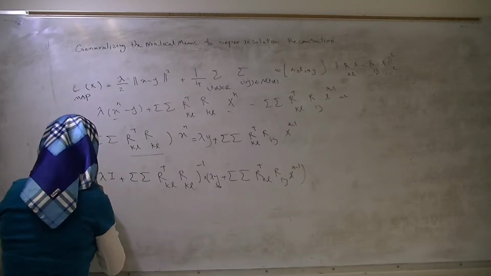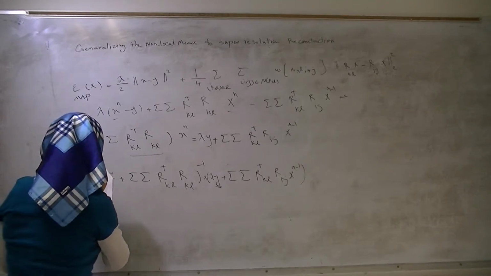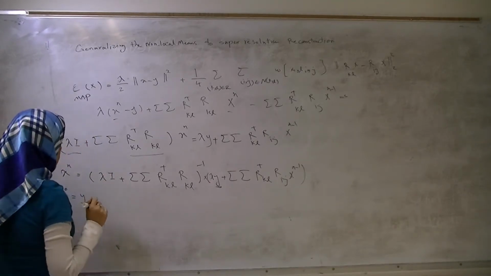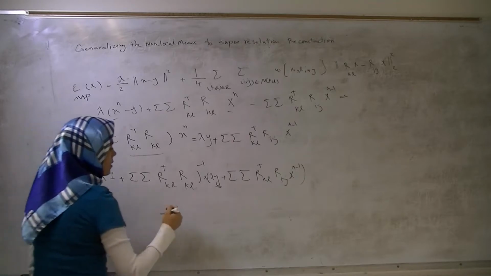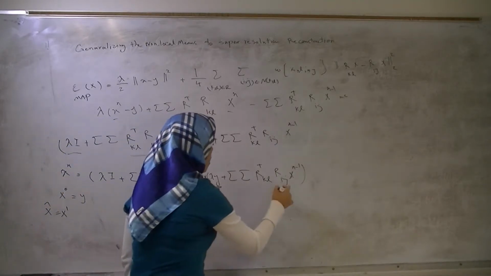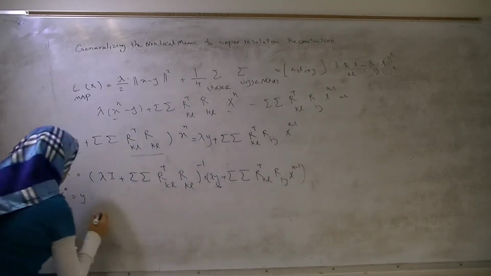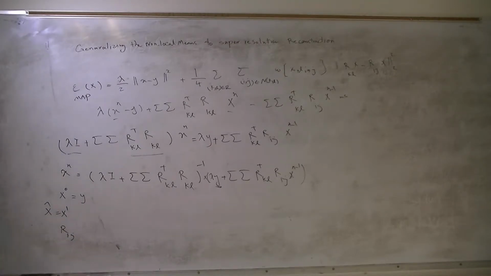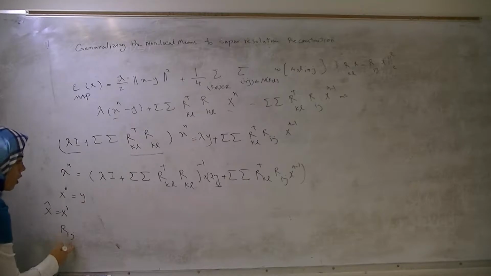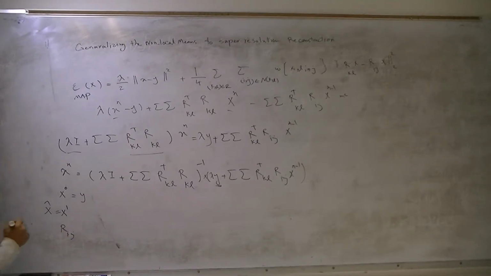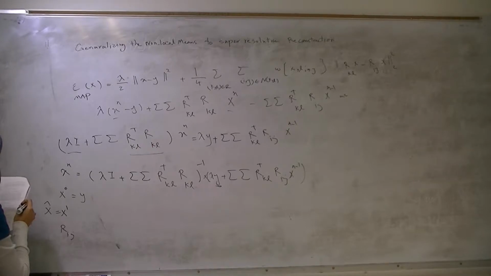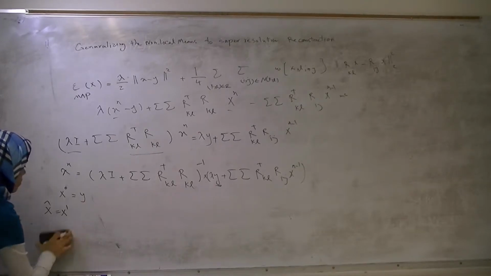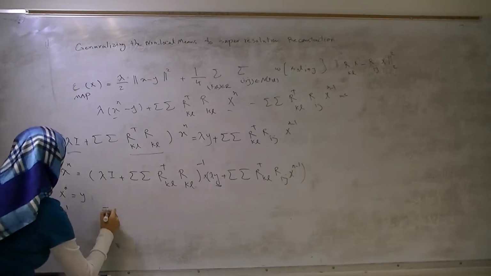Another thing that we are assuming is that the Rij just extracts one single pixel. So from here I had something like that.